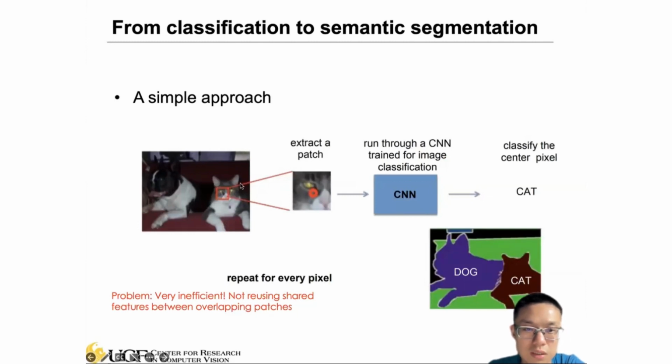Thinking about inference, you can imagine how many forward passes we have to run to generate a segmentation map for the entire image. If we have a high-resolution image like 4K by 4K, you can imagine how many forward passes we have to run to generate this 4K by 4K segmentation map. Also, we do not reuse shared features between overlapping patches.